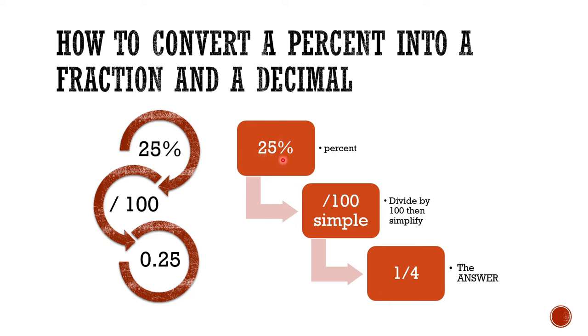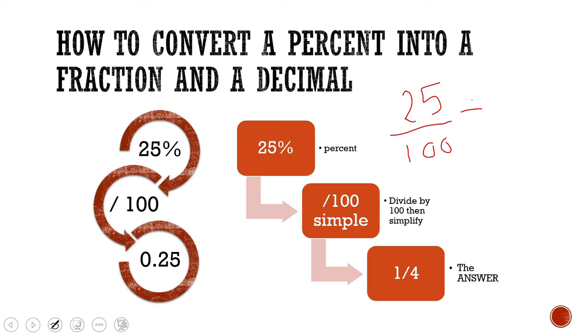Now, how to convert a percent into a fraction? First, here's my percentage, 25%, divide by 100, so I write 25 over 100. Then simplify, which means I have to find the number which divides both.